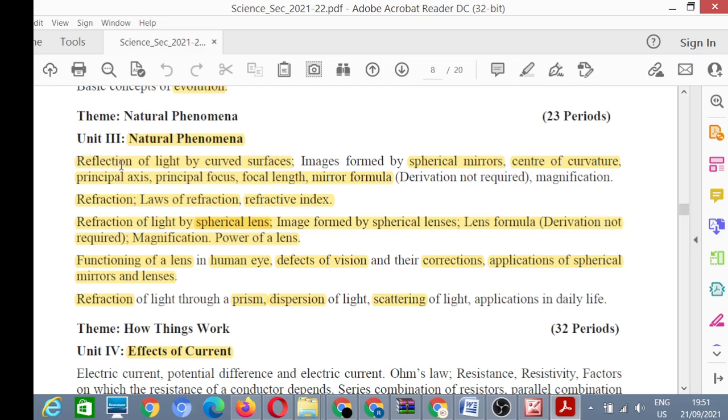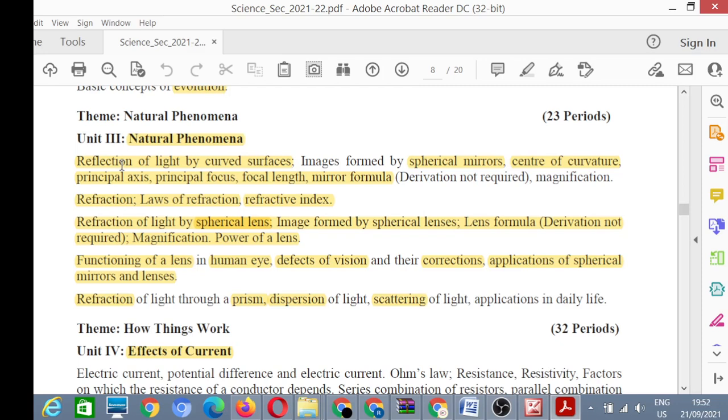What is the difference between reflection and refraction? Reflection means light strikes a surface and the surface reflects it to your eyes.